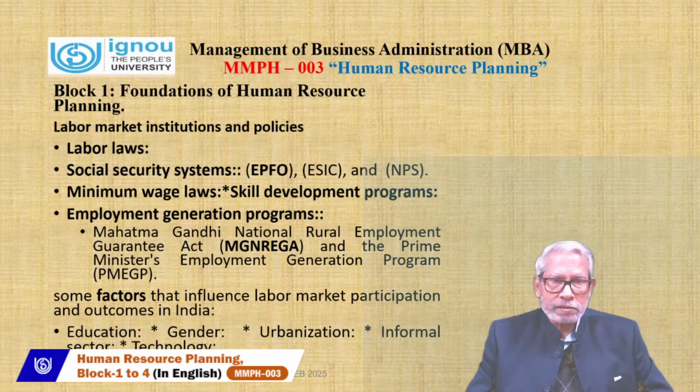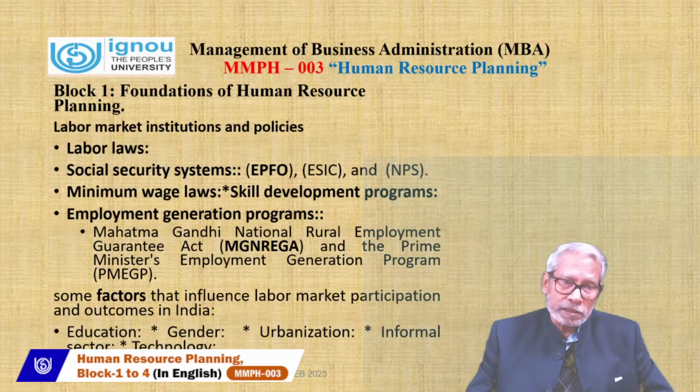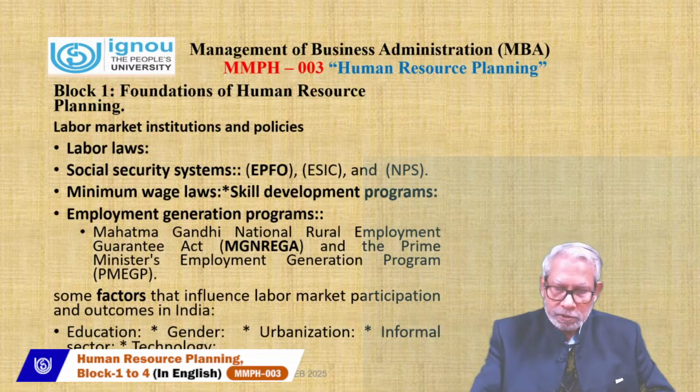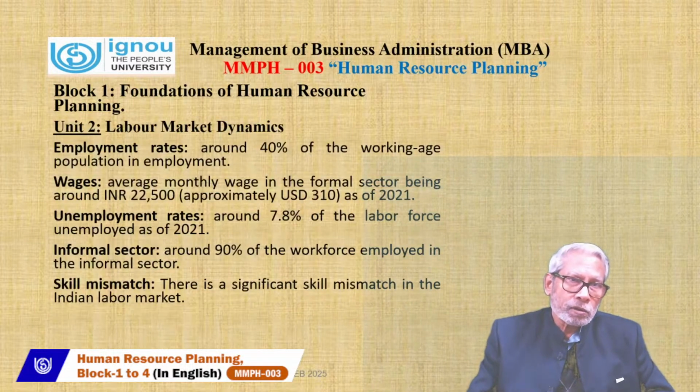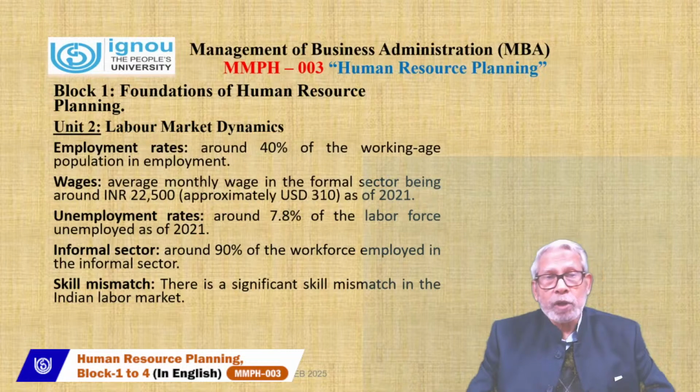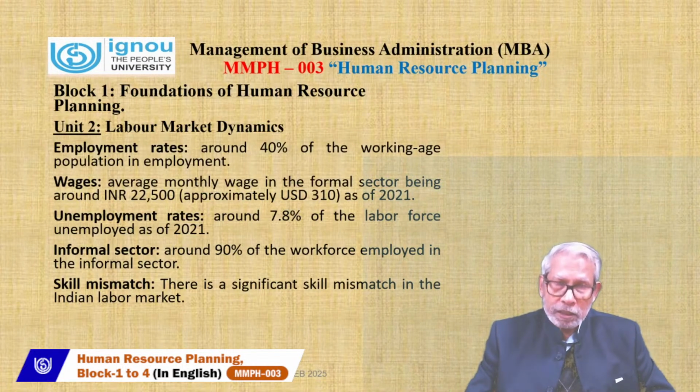Then some factors that influence labor market participation and outcomes in India: education, gender, organizations, informal sectors, and technologies are all factors for labor market participation. As per the survey, the employment rate is 40% of the working age population in employment.